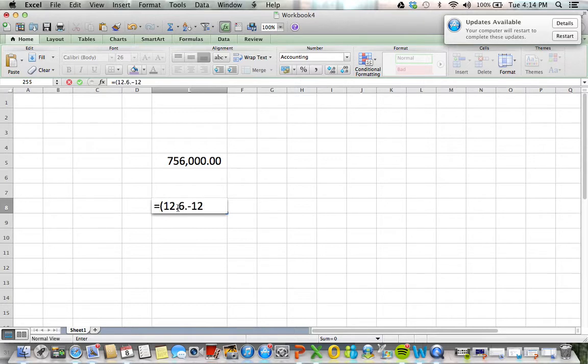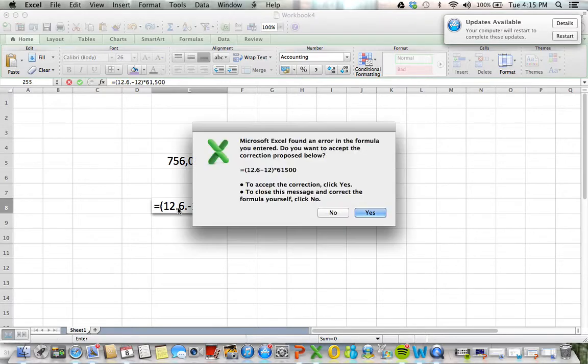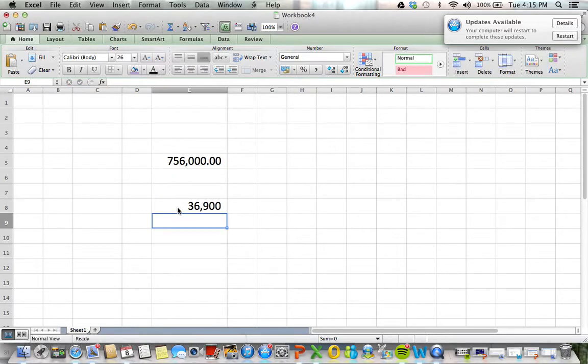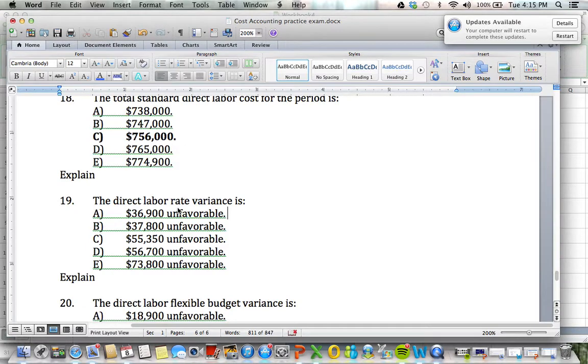So 12.6 minus 12 times, now we're dealing with rates, so we're going to go with actual hours, right? And that's going to be 61,500. So we're getting 36,900. Let's see, 36,900 unfavorable.